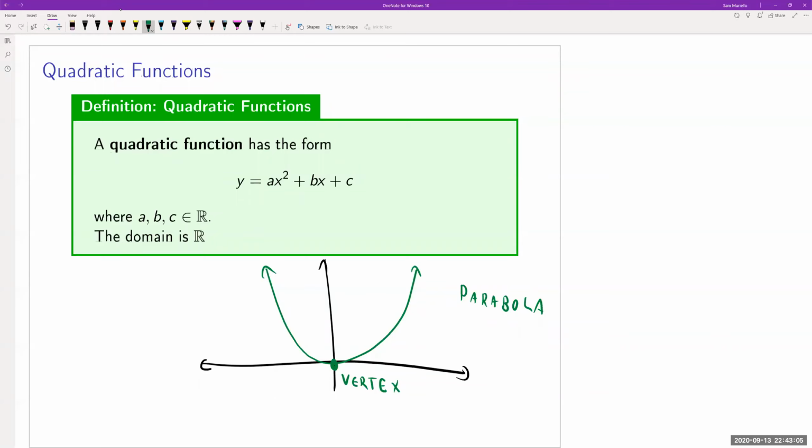Unlike an absolute value function, which meets in a point, the parabola is continuous and smooth. There's no sharp turns, no sharp corners. It is a smooth curve.